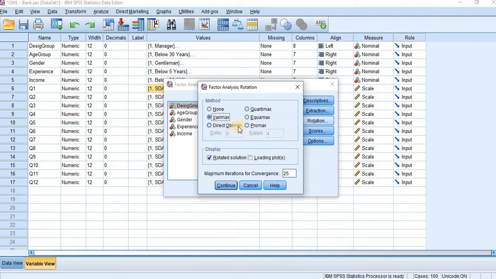There are a number of different methods: Varimax, Direct Oblimin, Quartimax, Equamax, Promax. The Varimax is mostly used by social scientists and behavioral scientists. What is meant by Varimax? The maximum variance. That means the extracted factors are not correlated with each other.